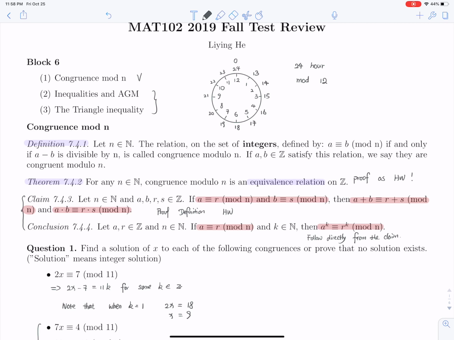And why is that? It's because 13 divided by 12 is 1 with remainder 1. Okay? So they have the same remainder class.